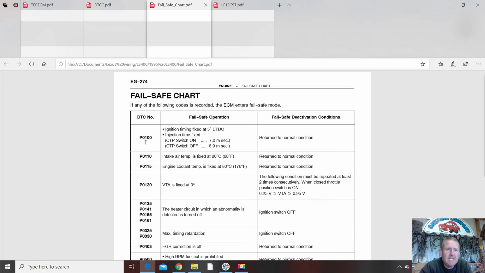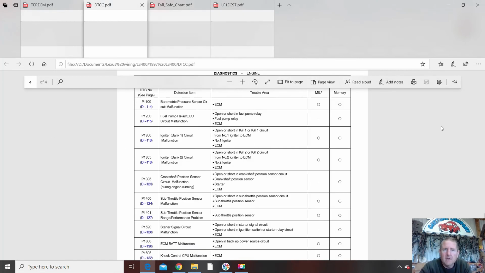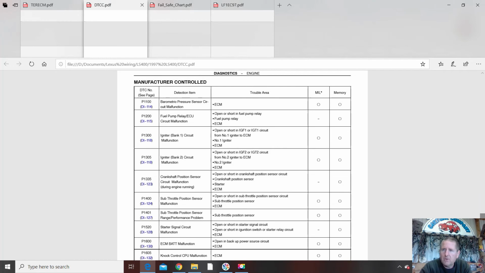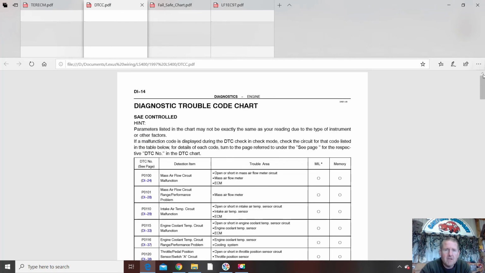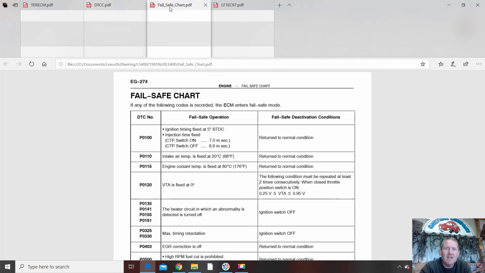Let's have a look here. P0100. Let's see what that code is. P0100, air mass flow circuit. And what will happen? Ignition timing fixed at 5 degrees before TDC. So you're going to have no power.